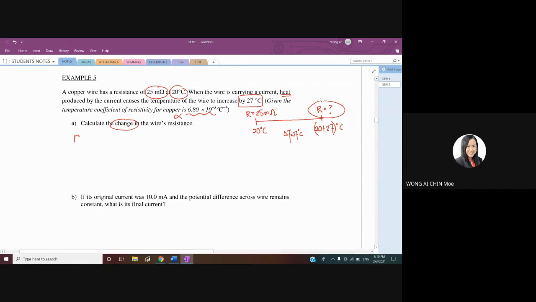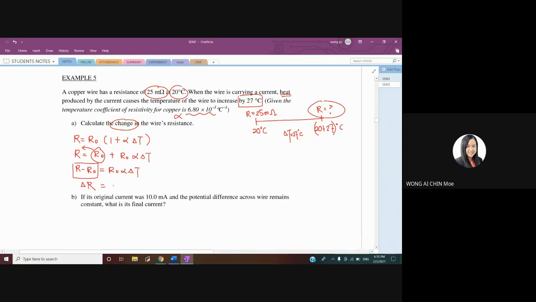So we can write R equals R naught times 1 plus alpha delta T. Because the question says we want to find the change, we expand R naught plus R naught alpha delta T. Shift R naught to the other side, so you get R minus R naught equals R naught alpha delta T. R minus R naught is final minus initial, and this is our change of the resistor.